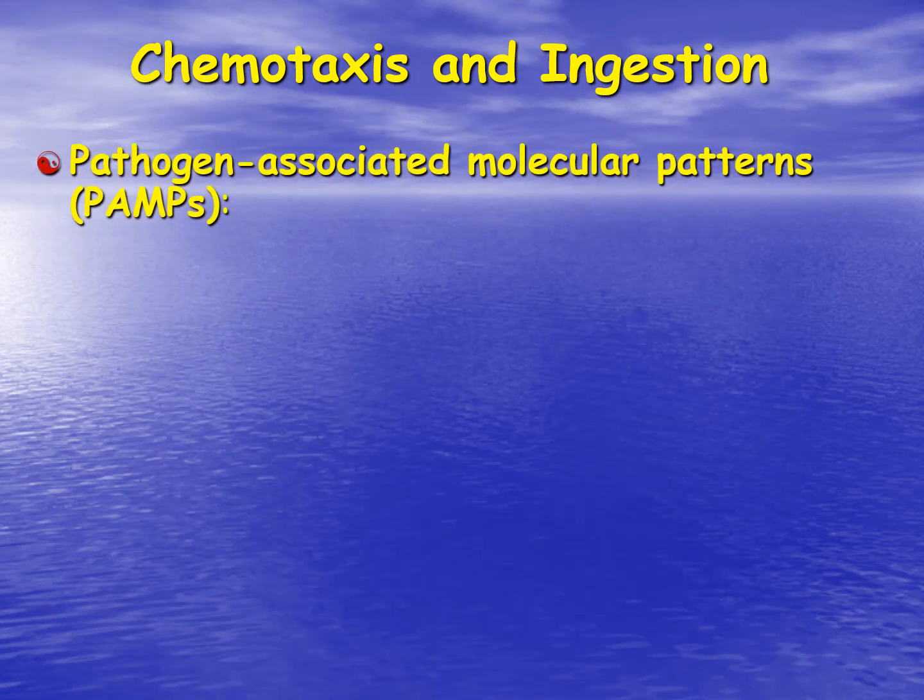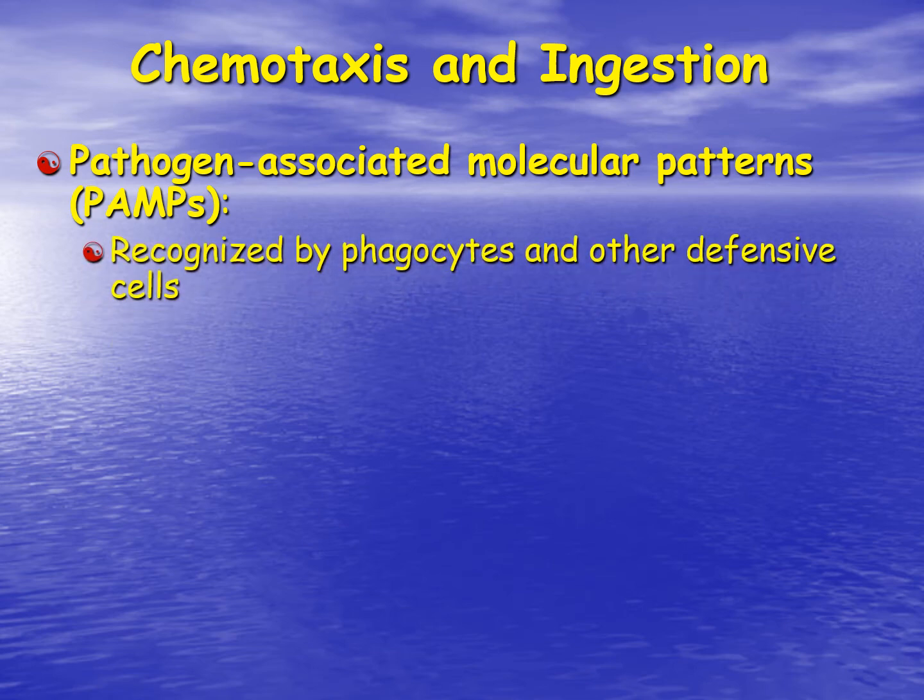Now, many microorganisms actually have something called pathogen-associated molecular patterns, or PAMPs. These are recognized by phagocytes and other defensive cells. So these are usually components of protein or other products of the cell wall of bacteria, the spikes of viruses, the cell wall of fungi.